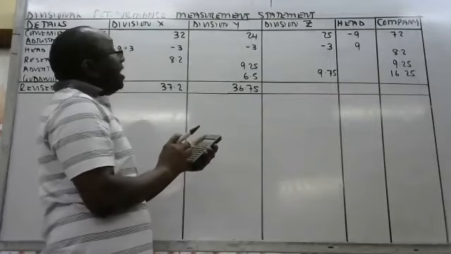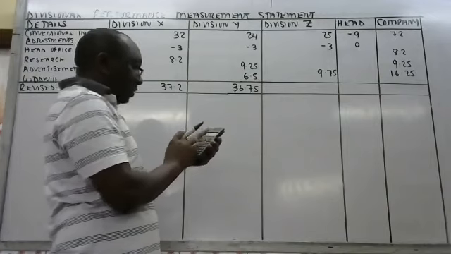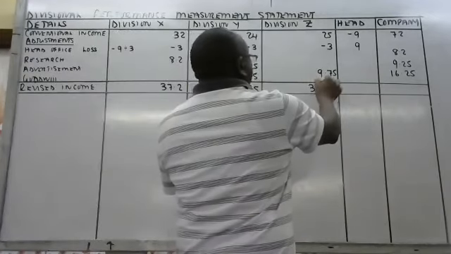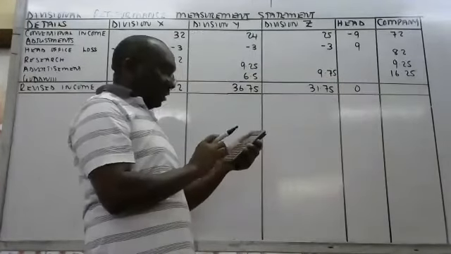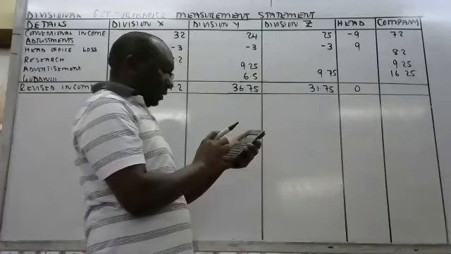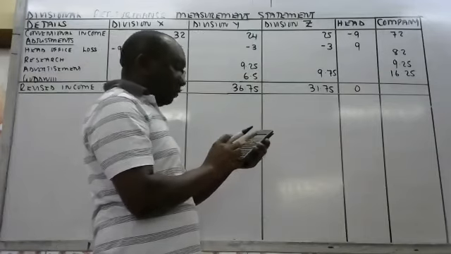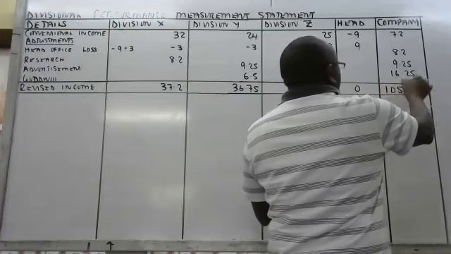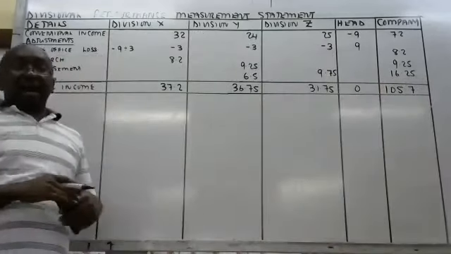Then 25 minus 3 plus 9.75 is 1.75. This is 0. Then 72 plus 8.2 plus 9.25 plus 16.25, you should be giving me 105.7. So I think the figures are inaccurate.